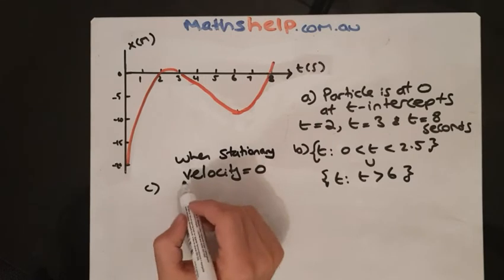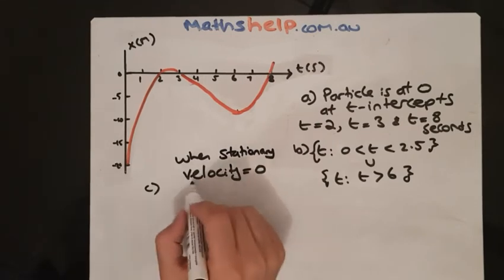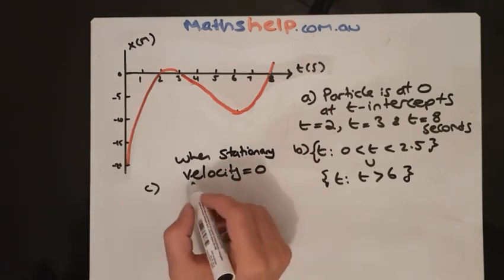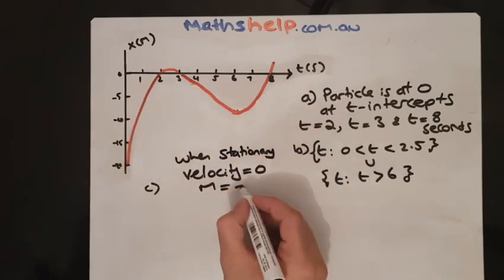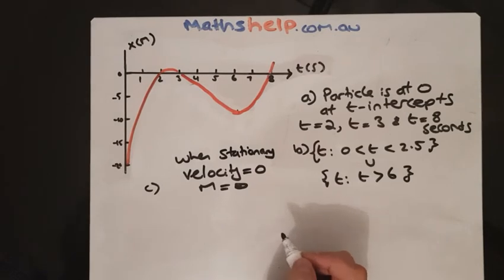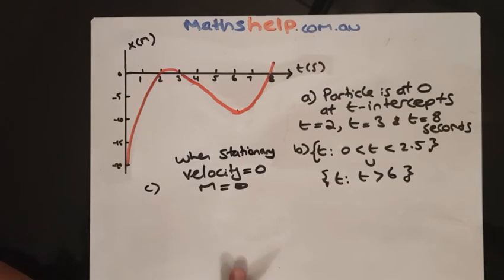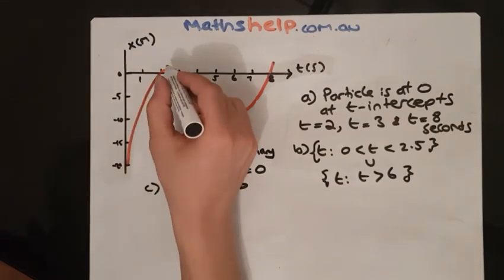If our velocity has to equal 0, that means our gradient for this graph has to equal 0. So where in this graph is our gradient equal to 0? We're going this way here, and then we stop here.